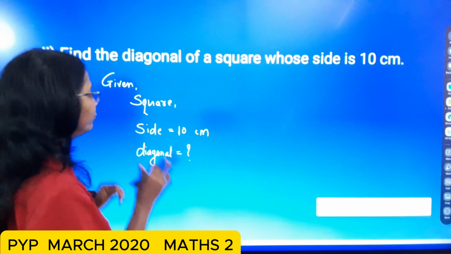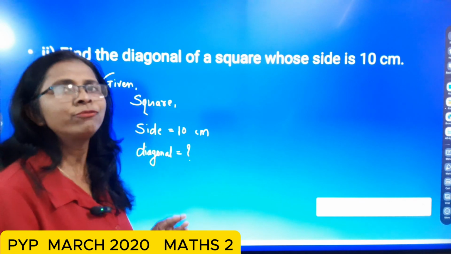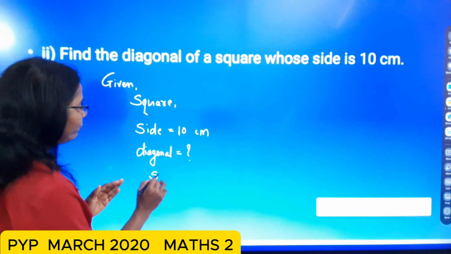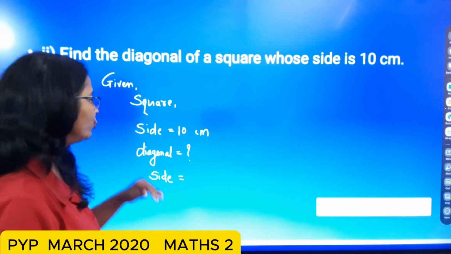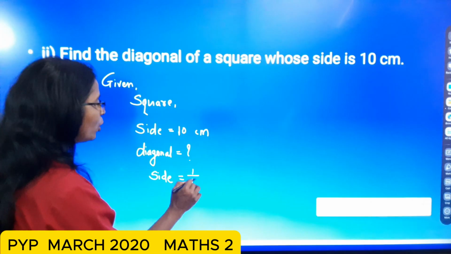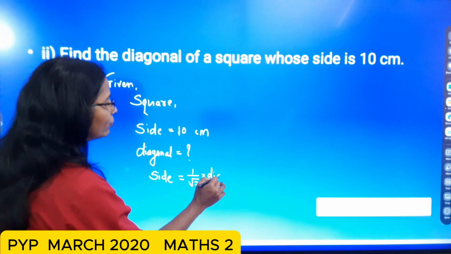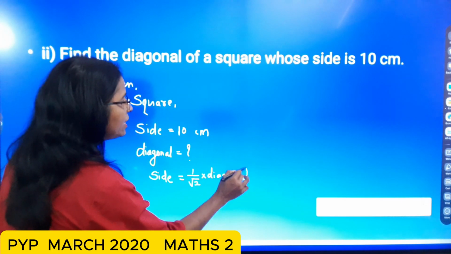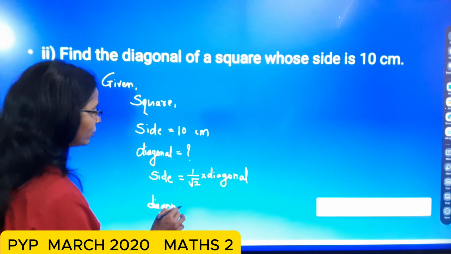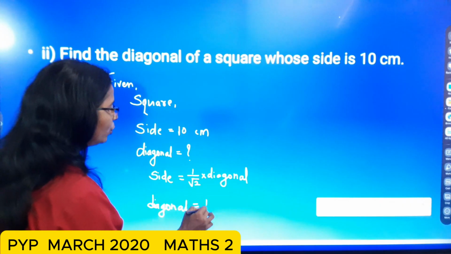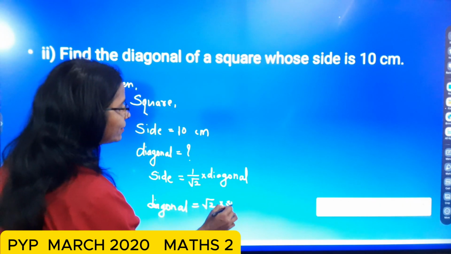So now here, how can we find out the diagonal of a square? We know that side is equal to 1 upon root 2 multiply diagonal. So here we have to find out the diagonal. So the formula for the diagonal is root 2 multiply side.